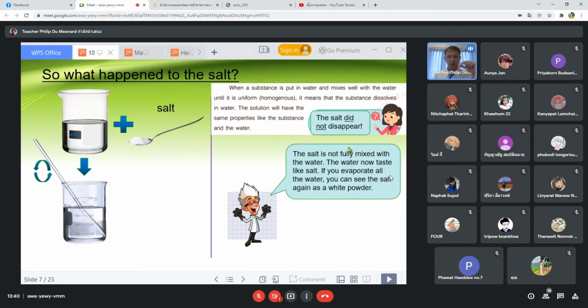So I want to ask a student to read this. So maybe I will ask number 20. Can you please read this part here? Is she too shy? Okay, let's ask another student. Can you please read this?